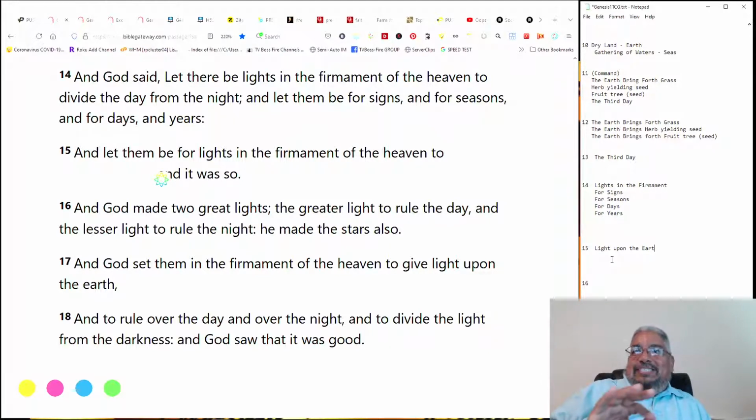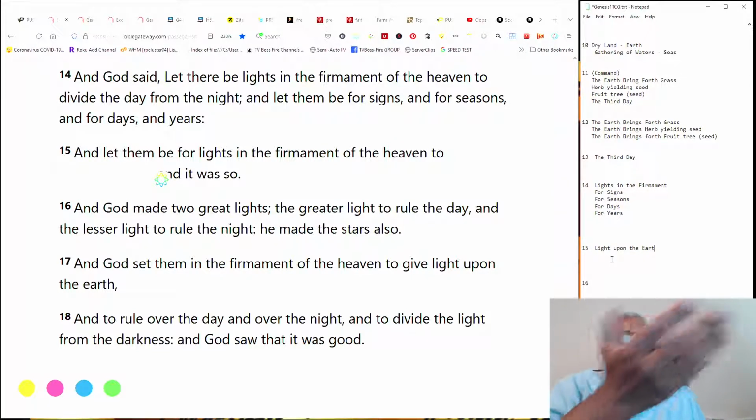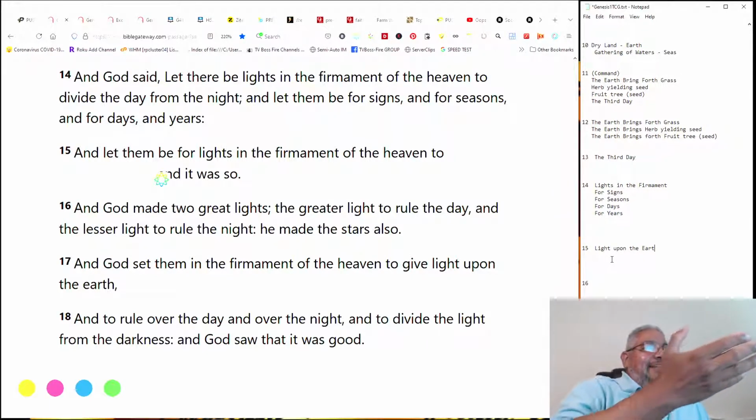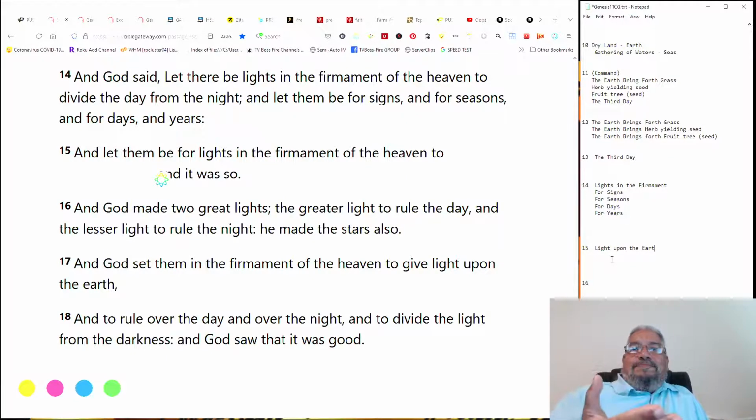Eso es una tesis doctoral. Porque eso es lo que te está diciendo aquí. Que la luz sobre la tierra. Sabemos que las estrellas, ¿sí? Las estrellas no dan tanta luz, pero están en la lista.